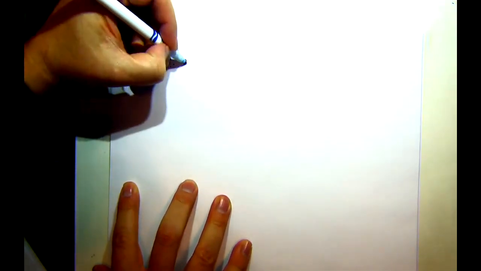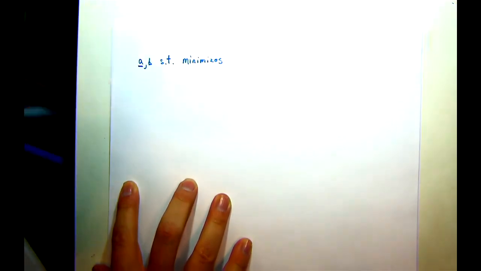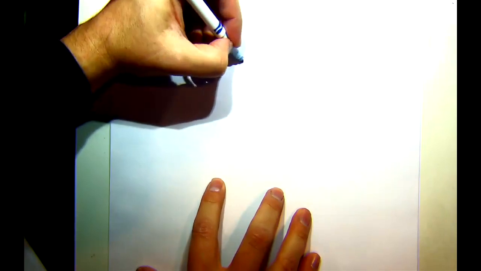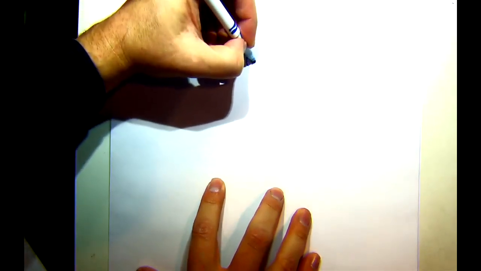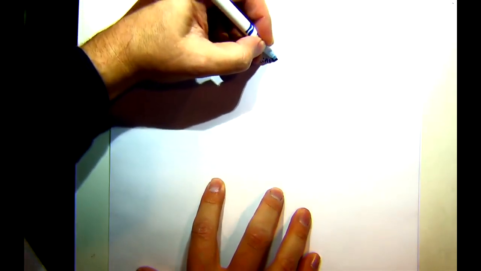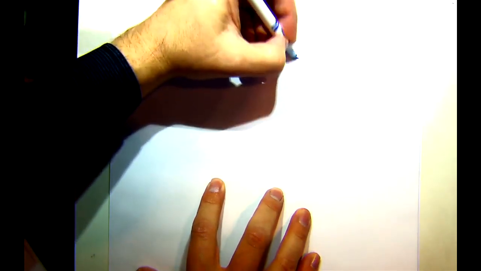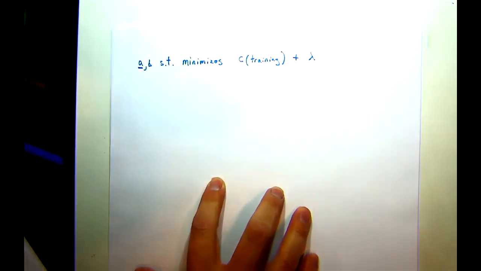So to rewrite this, I want to choose some a and b such that it minimizes some cost on the training set plus lambda times some cost on the future errors.